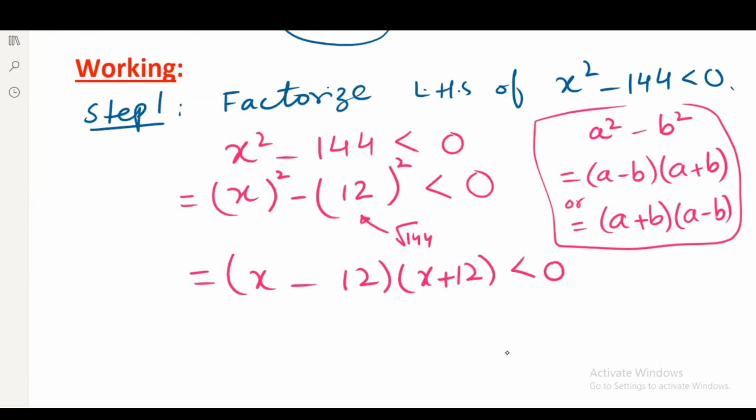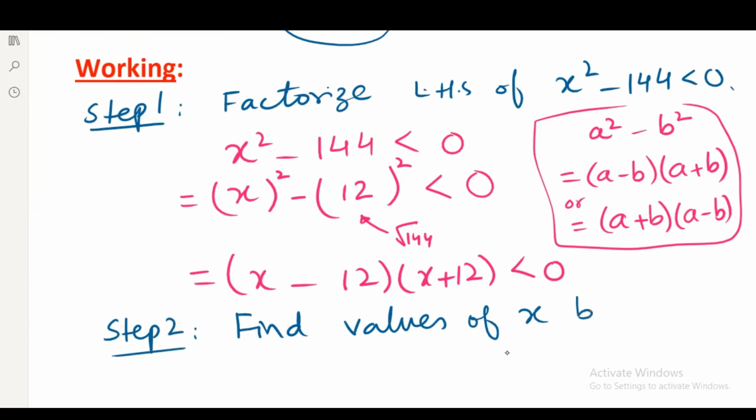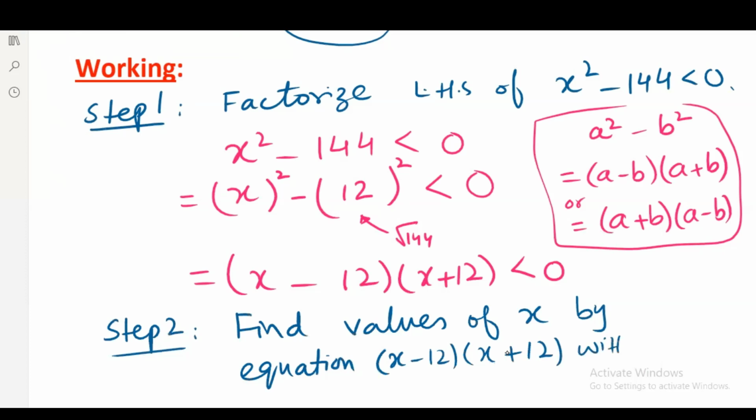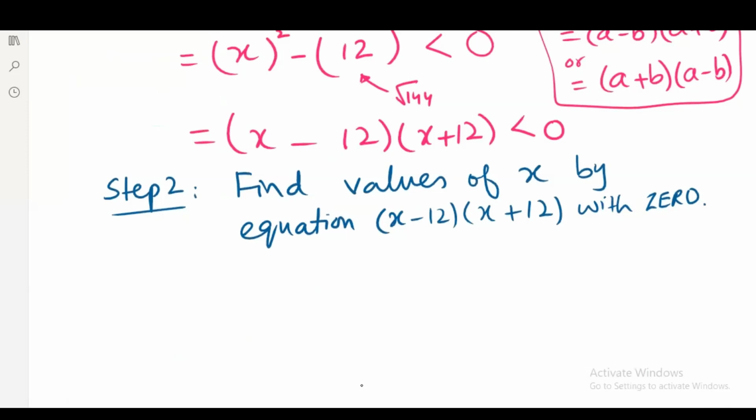And step number 2 is to find the values of x by equating x minus 12 times x plus 12 with 0.